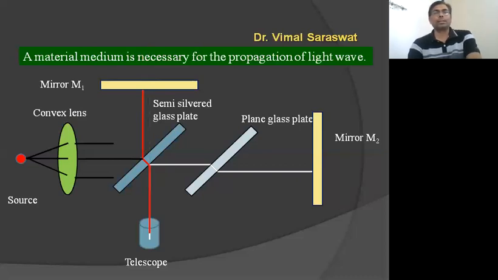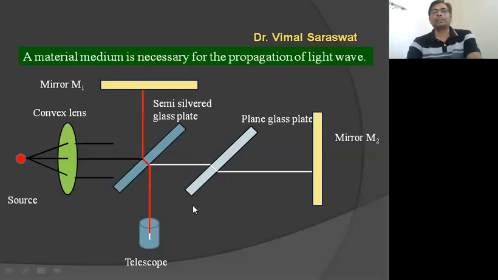So in this way, we get two rays, one shown in red color and another in white color, and both rays move towards the telescope, and after superposition, they produce the interference pattern.